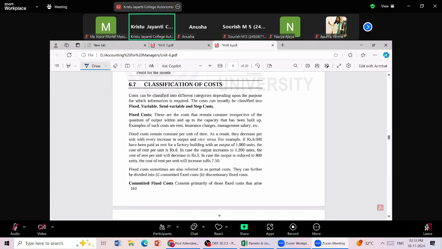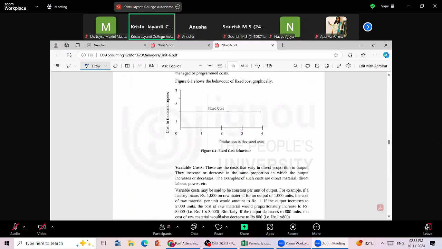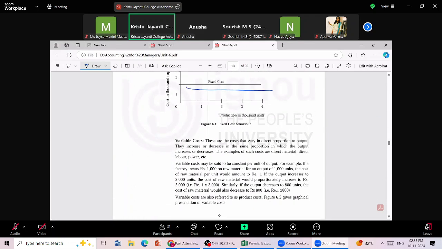And then, variable cost. Variable cost depends on the increase. The fixed cost remains constant, which means however much production takes place, the cost remains the same. Example, the rent. We are not paying a higher rent when our production is increasing. The rent remains stable.